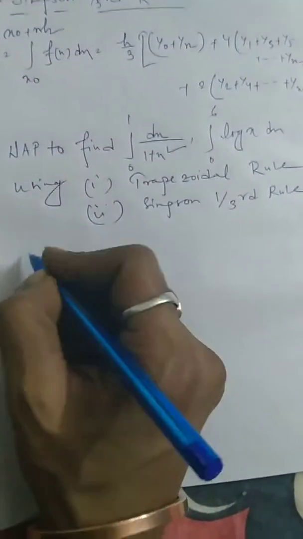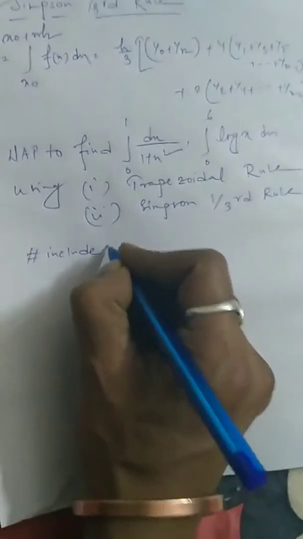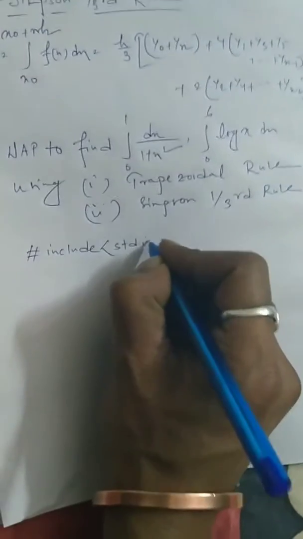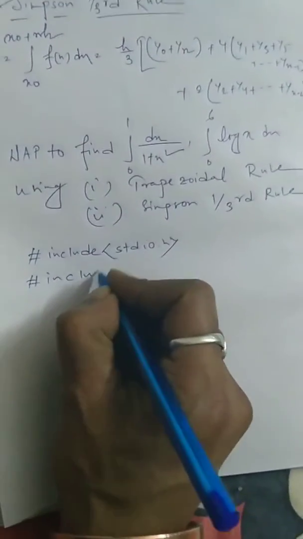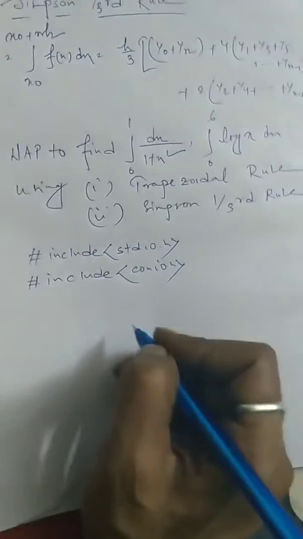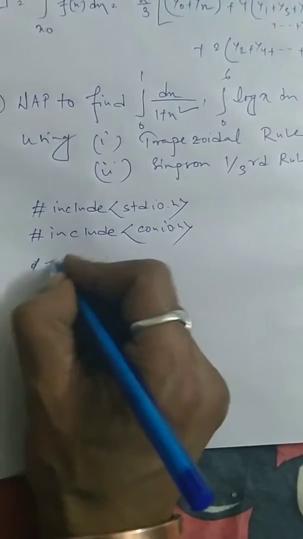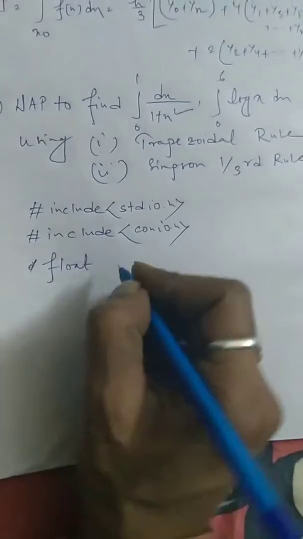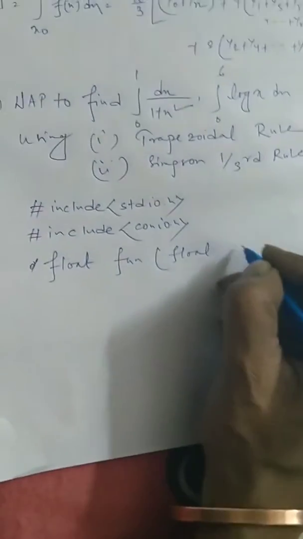Now in the program we are writing, hash include stdio.h, hash include conio.h. Then we define a prototype, float function of float.